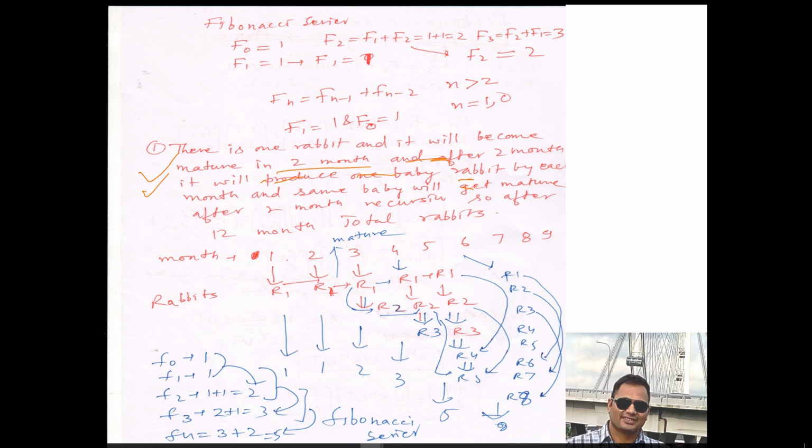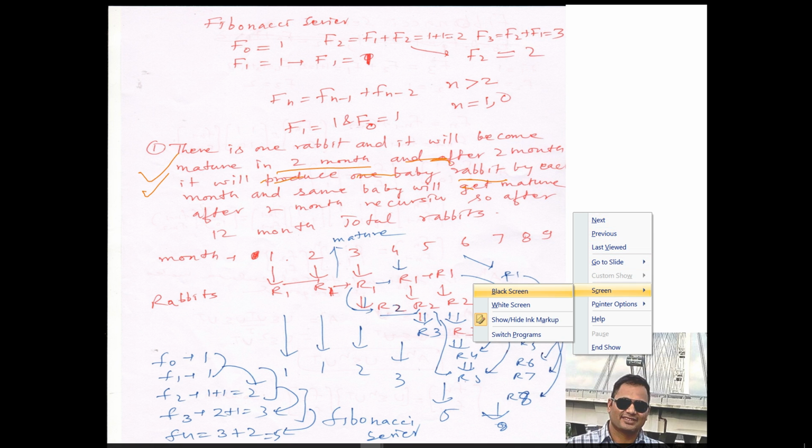In first month I have rabbit 1. Second month this rabbit 1 only will be here because it is still immature. In third month it is going to become mature and it is going to give one baby rabbit R2. Each month after the second month, it is going to produce one new rabbit. So next month 4, I am carrying R1 and R2.